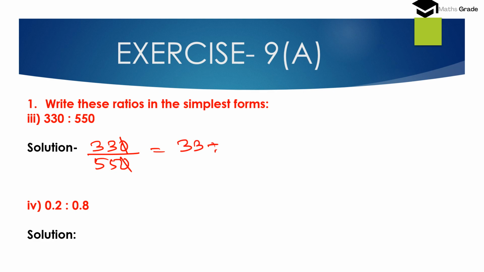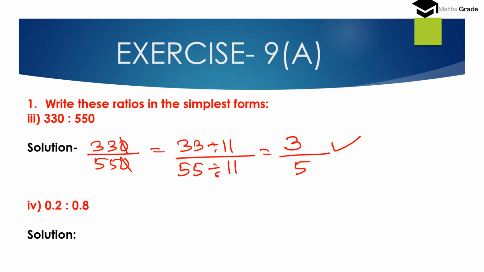So dividing the antecedent 33 by 11 and the consequent 55 by 11, we get 33 divided by 11 is 3 and 55 divided by 11 is 5. Now we get 3 divided by 5, and 3 divided by 5 is the simplest form of the given ratio 330 is to 550.